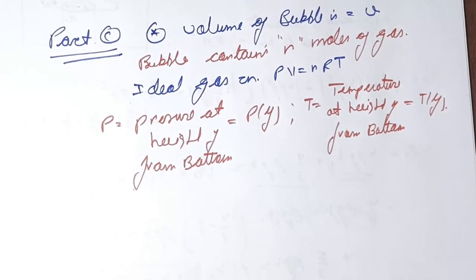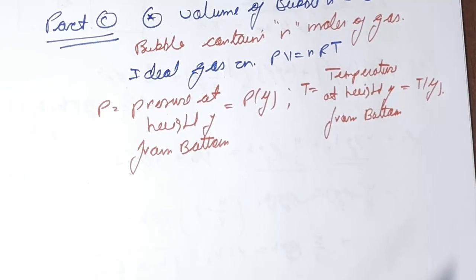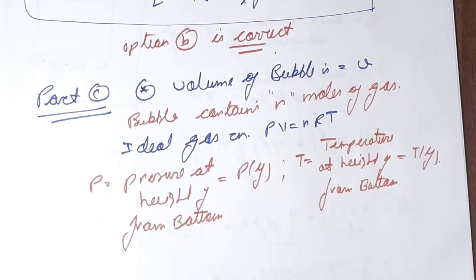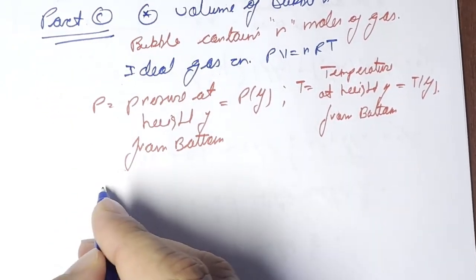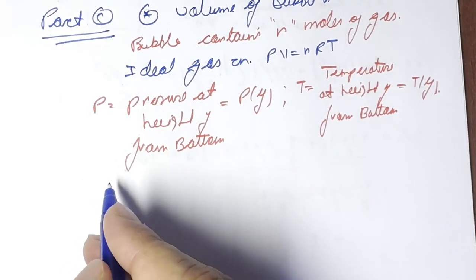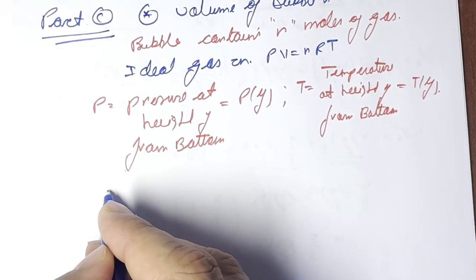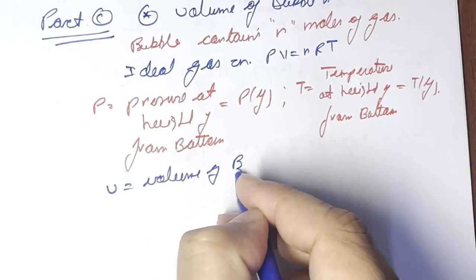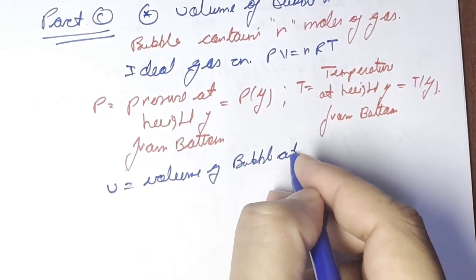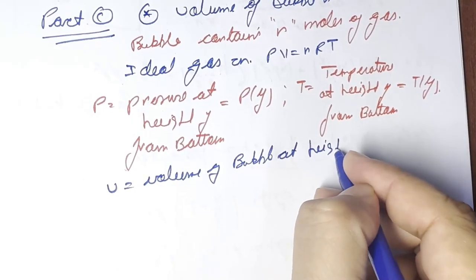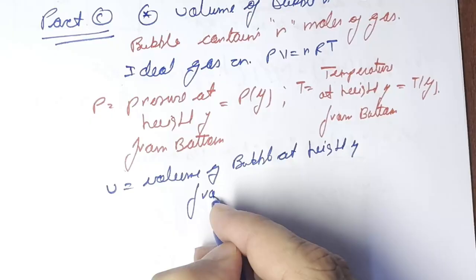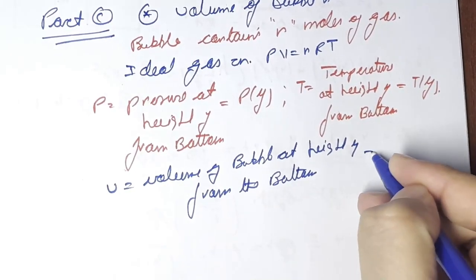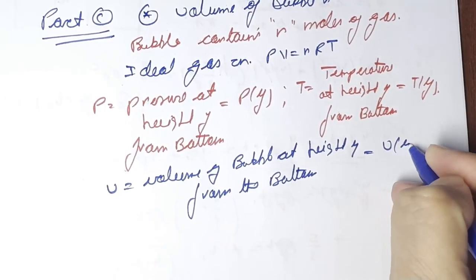So we are going to modify this equation, and in this case also the volume of the bubble is V. So this V can now be written as the volume of the bubble at height y from the bottom. So we can write this as V of y.